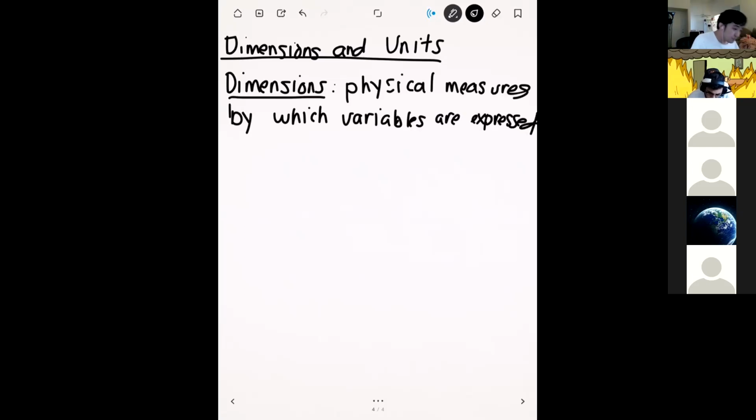Okay. So some examples of this would be like mass, length, time, and we won't use it too much in this class, but another dimension would be temperature.